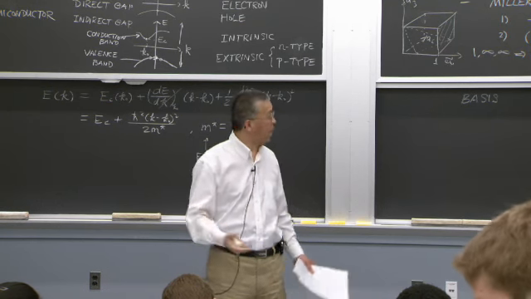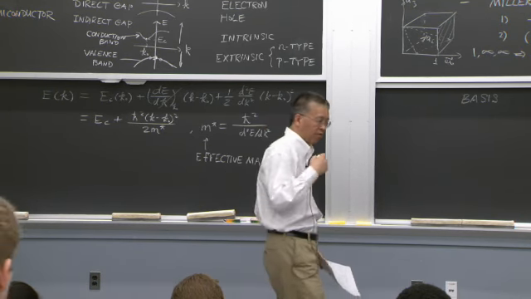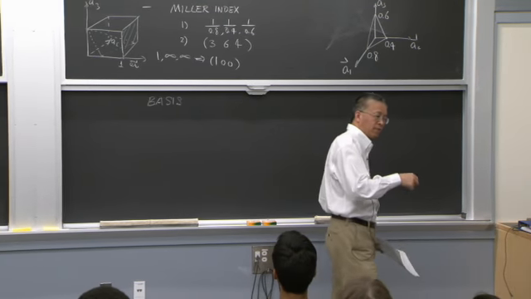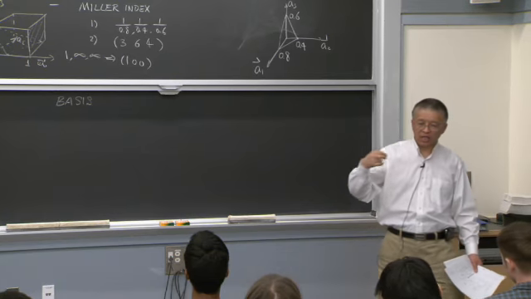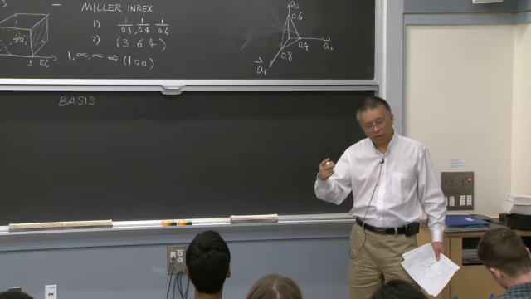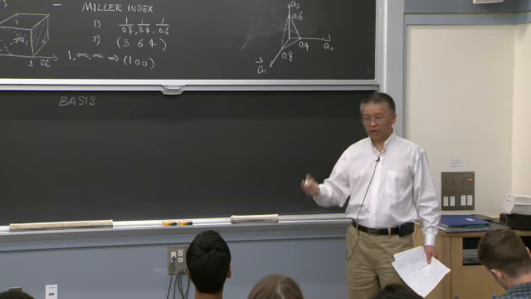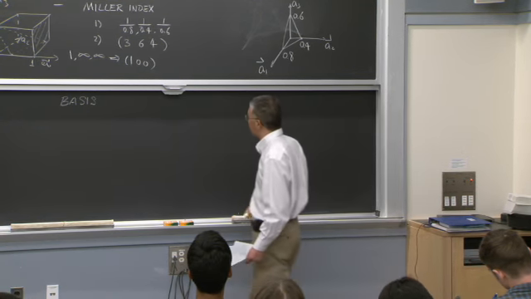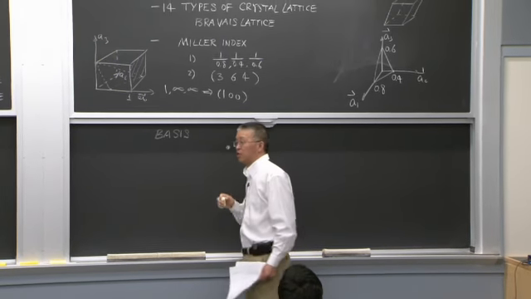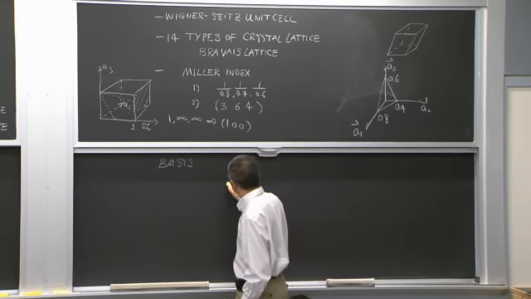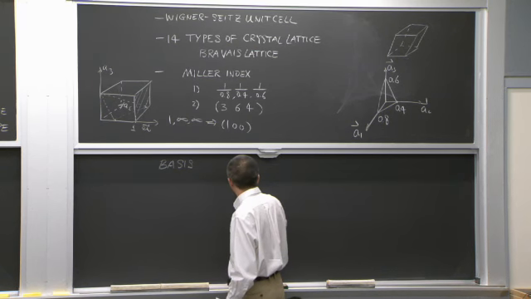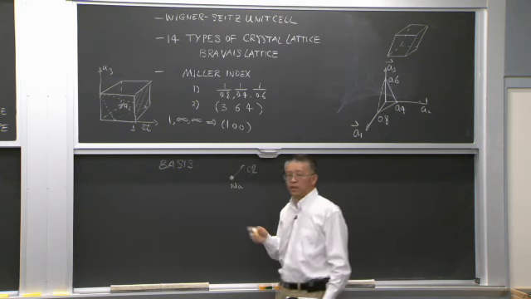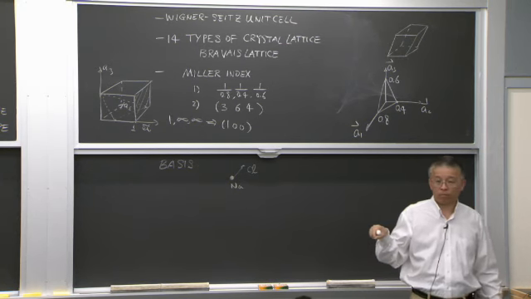Salt is among these 14 types, a face-centered cubic. It's a cubic structure with 1 atom at each face. But at each of those lattice points, you actually put a sodium and a chloride atom. Each lattice point doesn't mean they occupy the same space. It's just periodic: this is a sodium, and in another direction you have a chloride, and you just repeat that for each lattice point.